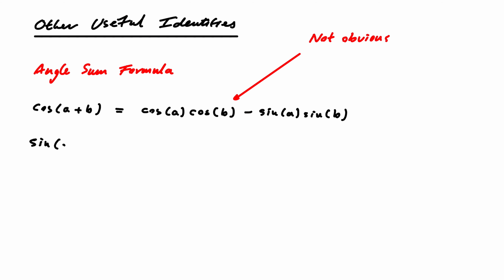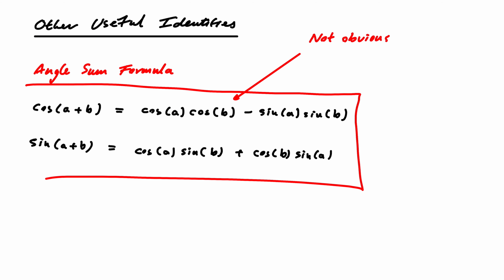Sine of A plus B turns out to be equal to, I'll write it like this, cos of A sine of B plus cos of B sine of A. I think that's a little bit more elegant, that formula. Again, neither of them are obvious. So these are my angle sum formulae.